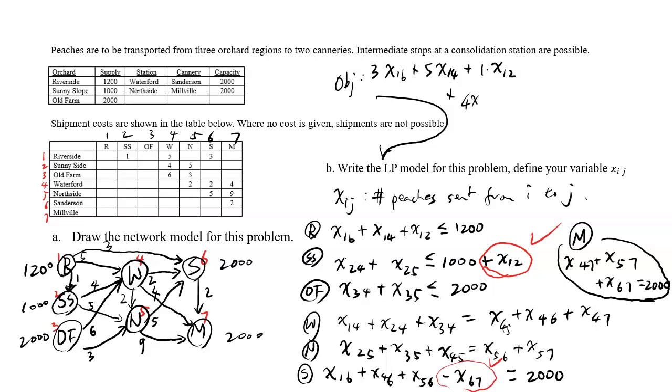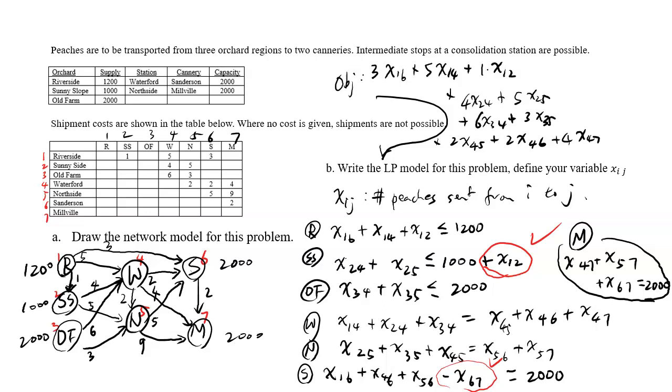So 4 times x2 4, plus 5 times x2 5, plus 6 times x3 4, 3 times x3 5, plus 2 x4 5, 2 x4 6, 4 x4 7.